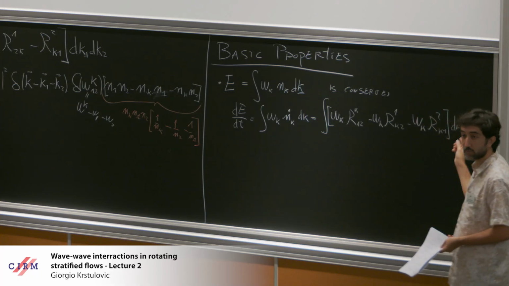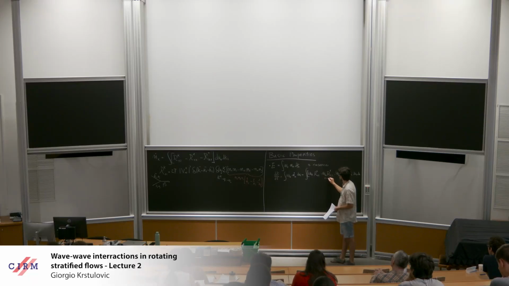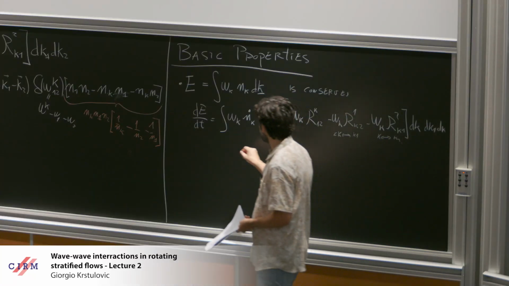But k, k1, k2 are just dummy indices. So I can rename, for instance, exchange k with k1, here k with k2, and then I can refactorize everything.